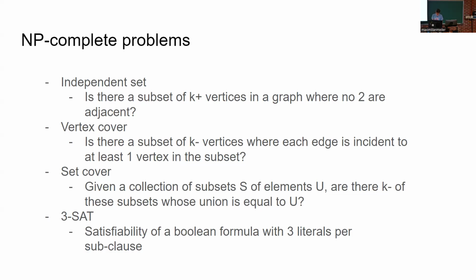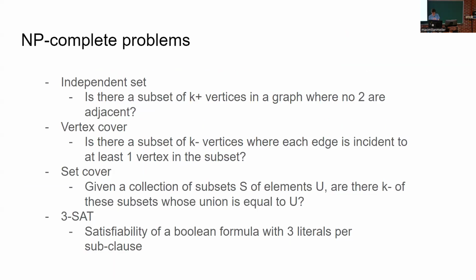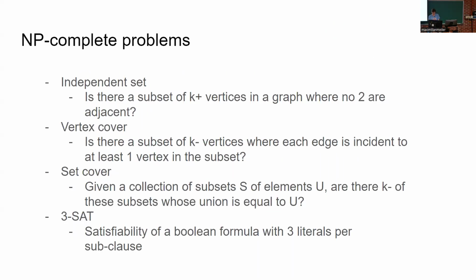Independent set is saying, if you have a certain number of vertices in a graph, you want no two to be adjacent. So that's what this is, right? No two red vertices are adjacent. Vertex cover is saying there's a certain number of vertices such that those vertices are adjacent to every single edge in the graph.